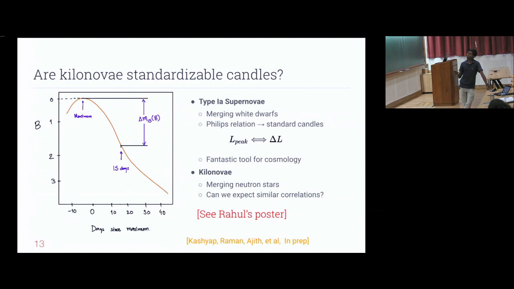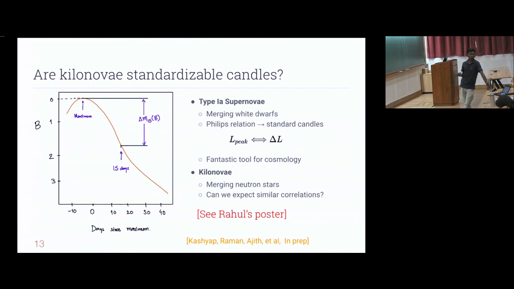And in type 1a supernovae, if you check the light curve, that is how the luminosity of the supernova changes over time, people have observed that there is a universal relation between peak luminosity and the change in luminosity over a fixed time. You can use this universal relation to make type 1a supernovae standardizable candles.